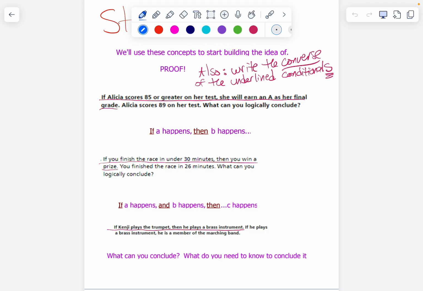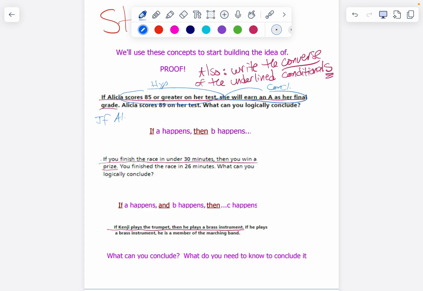What is the hypothesis of the original underlined conditional? Yeah, so if she scores 85. And then the conclusion, so that's the hypothesis. The conclusion is that she'll earn an A. So we just reverse these.